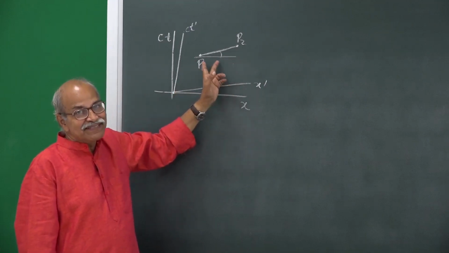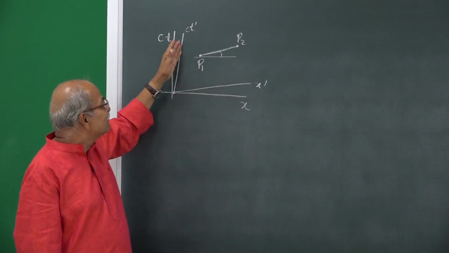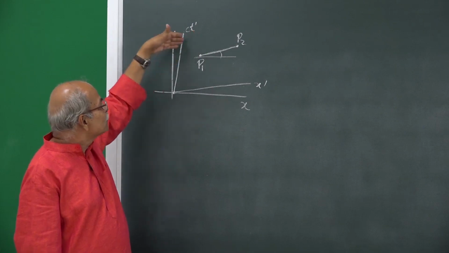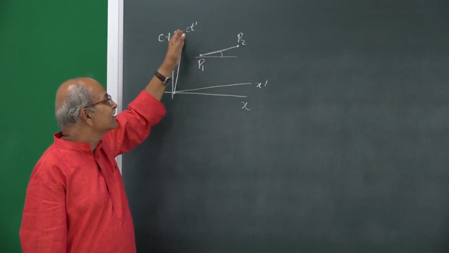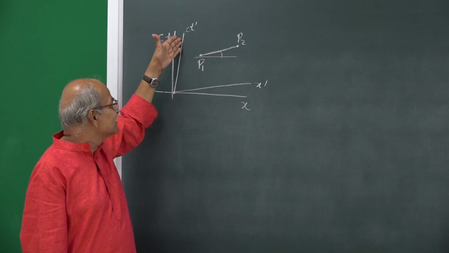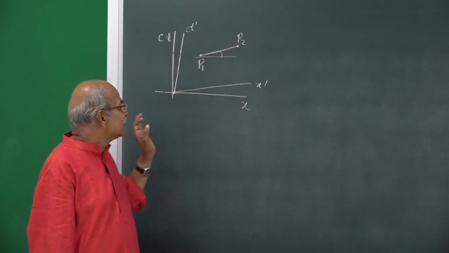So, they are simultaneous events, and there is no frame for which this ct prime can be parallel to P1 P2. So, there is no frame in which these two are occurring at the same position. So, they always occur at different positions, but then in one particular frame the two are simultaneous.